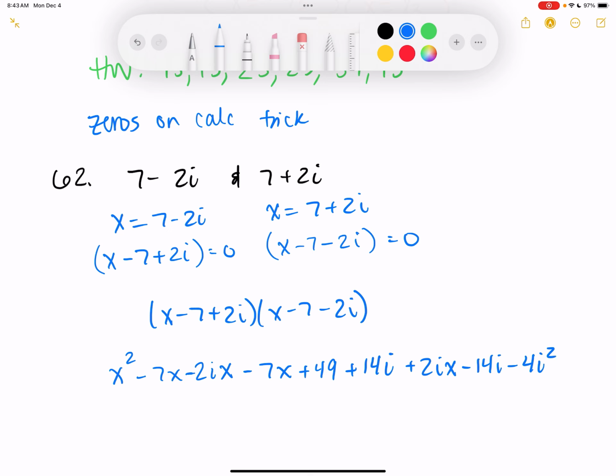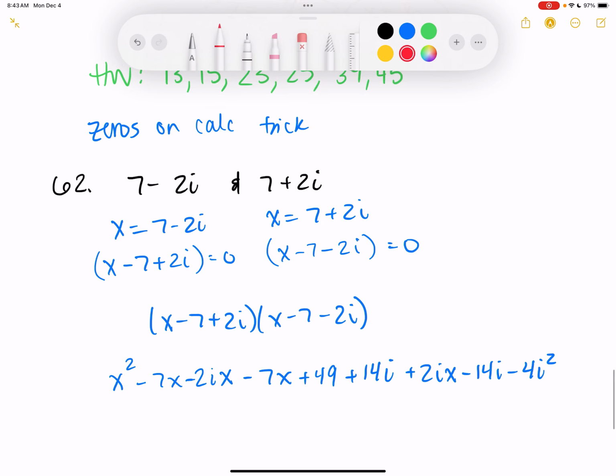Now i squared is equal to what? Yep, negative 1. Okay, so yeah, so i squared is equal to negative 1. So that means this term right here was negative 4 times negative 1.